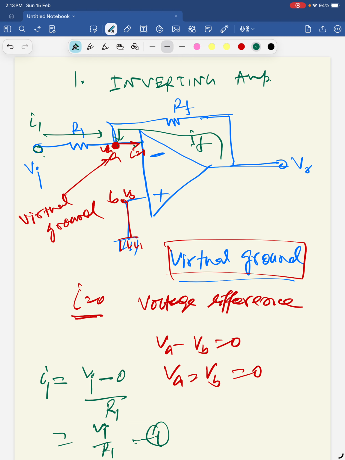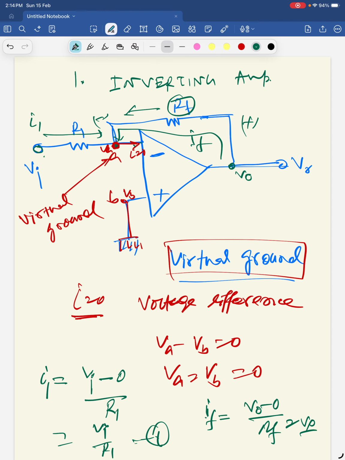Now what is IF? IF is flowing in this direction, higher to lower. IF should be this voltage V0 minus this voltage 0, because this is ground, divided by the resistance RF.